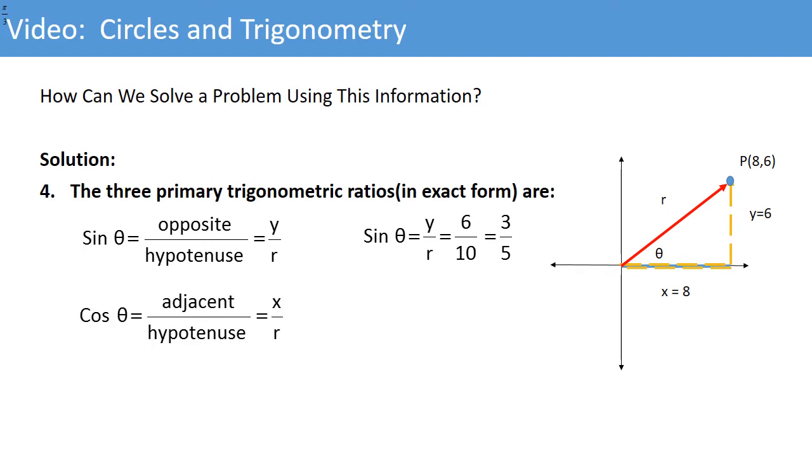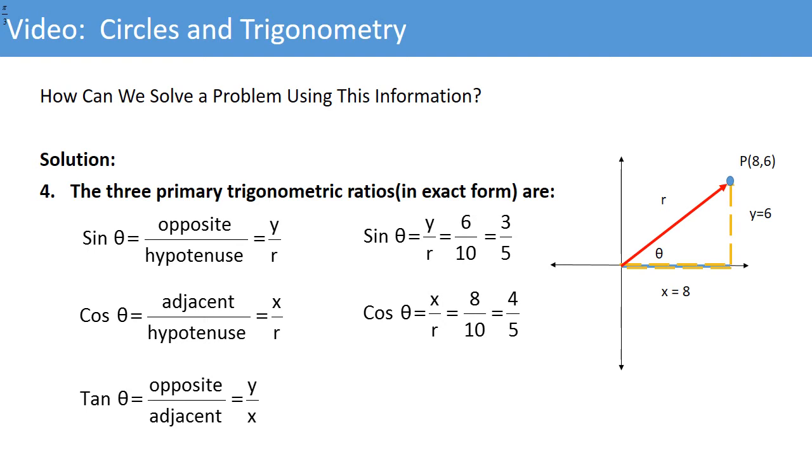Cos theta is adjacent divided by hypotenuse, which is X over R. Cos theta is 8 over 10, which is equal to 4 over 5. And tan theta is opposite divided by adjacent, which is Y over X. Tan theta is 6 over 8, which reduces to 3 over 4. Now we have the primary trig ratios.